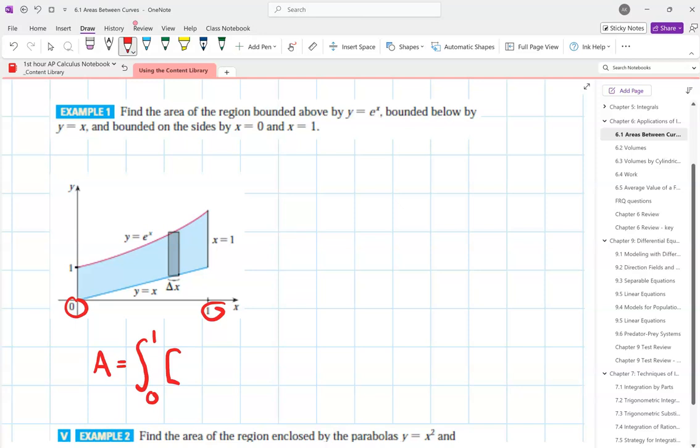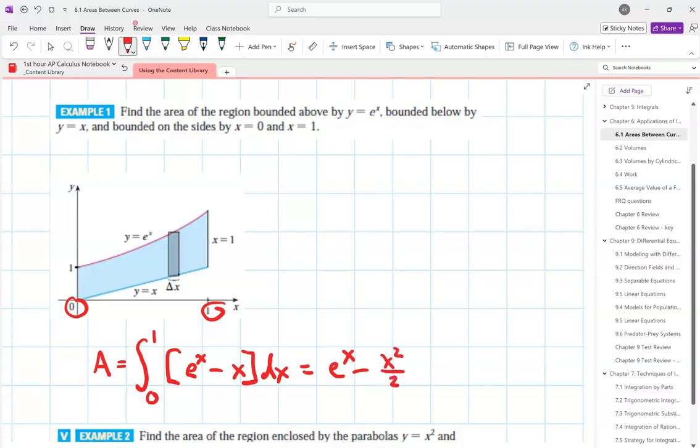My upper function is e to the x, and my lower function is x. So I'm just going to be integrating this. Everybody feel good there? I can just kind of distribute my integral. What's the antiderivative of e to the x? E to the x. What's the antiderivative of x? X squared over 2.